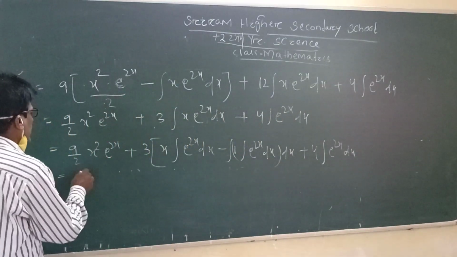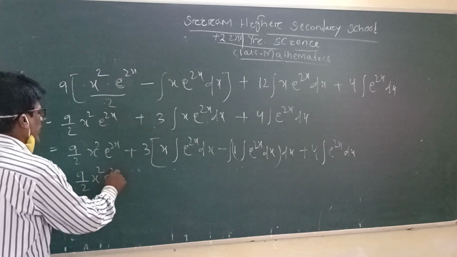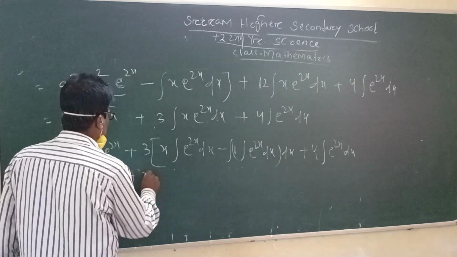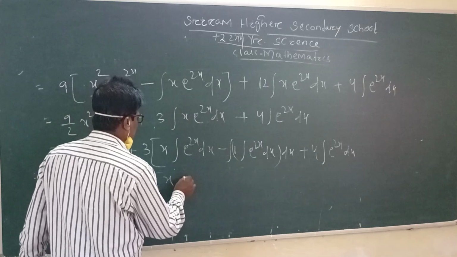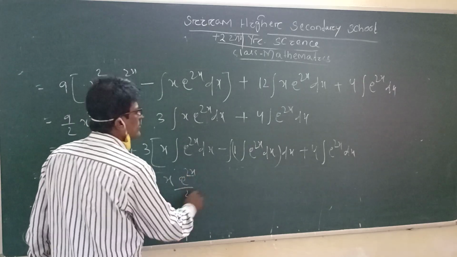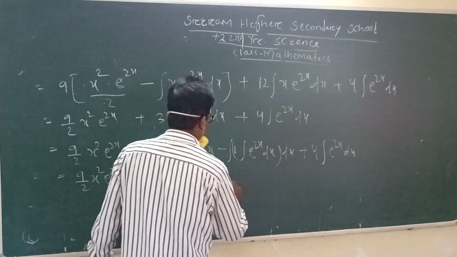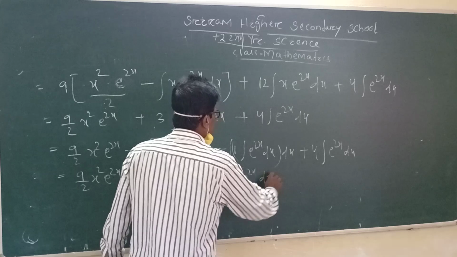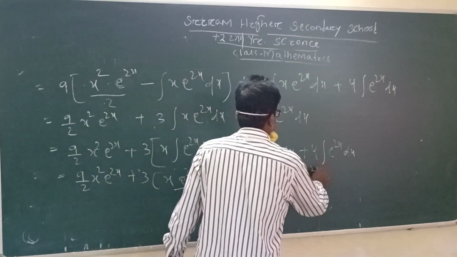You look, 9 by 2 x square e to the 2x, integration of e to the 2x is equal to e to the 2x by 2 plus 3 x e to the 2x by 2 integration, that is 3 e to the 2x by 2 integration value is e to the 2x by 2, 3 by 2 taking outside, e to the 2x dx plus 4 e to the 2x dx.